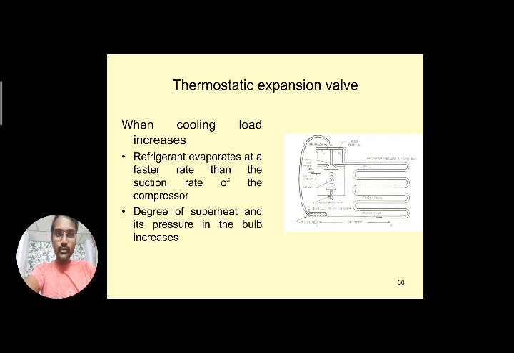Now the degree of superheat and the pressure in the bulb increase. The more the temperature, the more the pressure in the bulb, and this pressure acts on the top of the diaphragm.